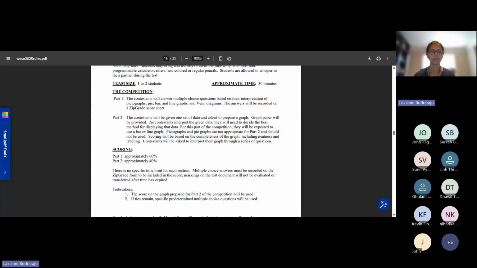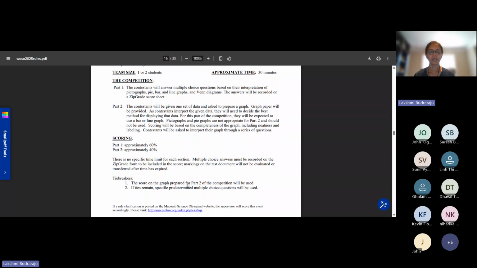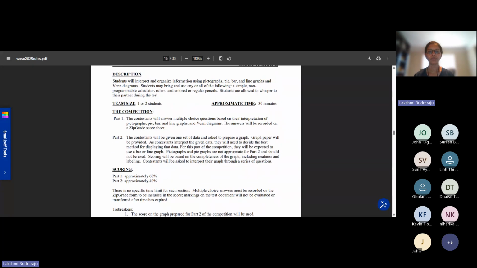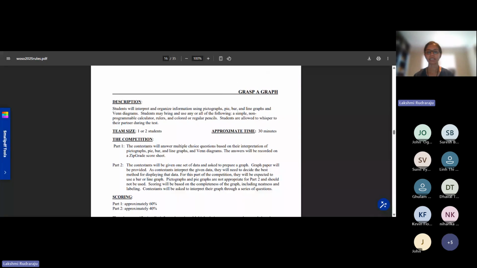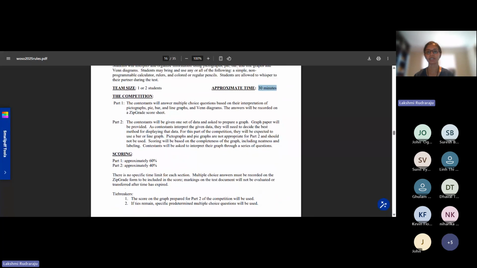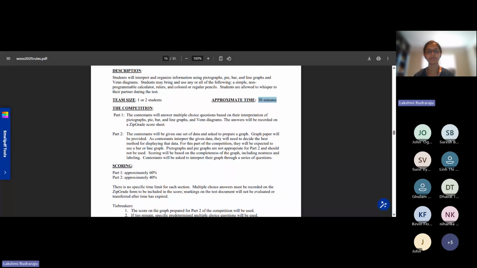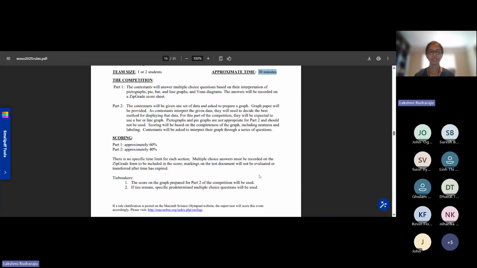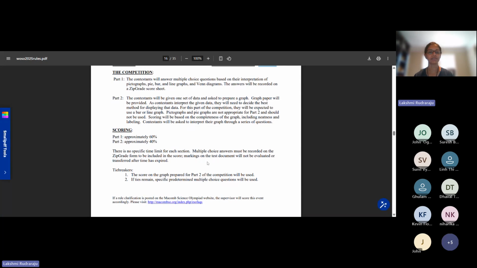From the timing point of view, the event time is 30 minutes. Students can divide and conquer: one student does part 1 while the other student is doing part 2.